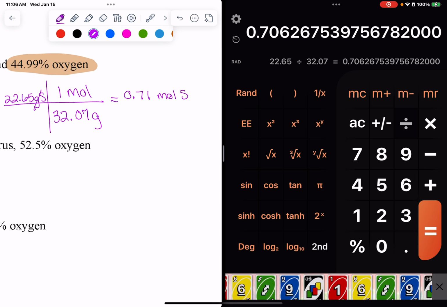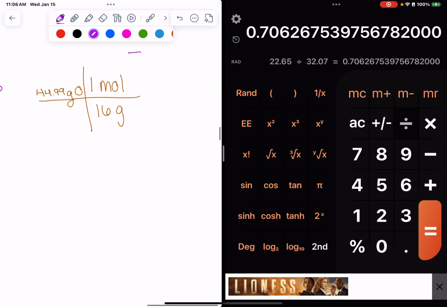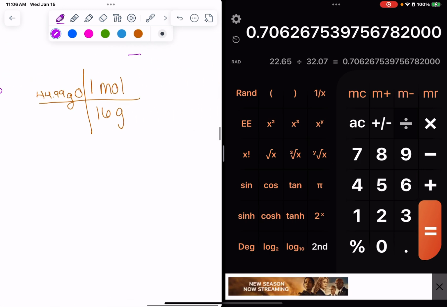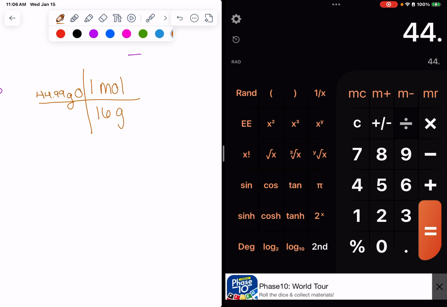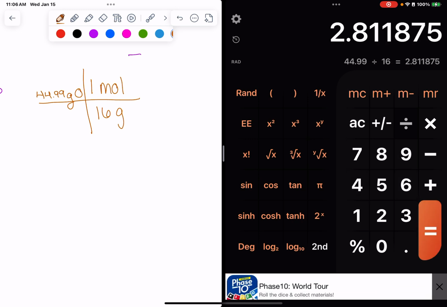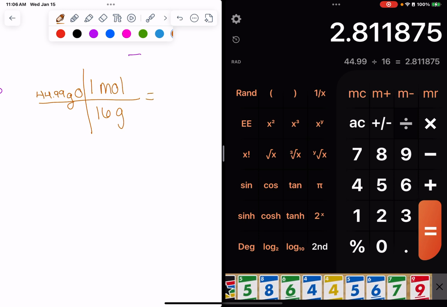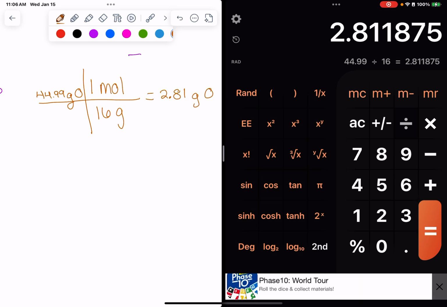So I'm going to cancel out grams because we're left with moles. The last one we have here is oxygen. Oxygen, we have on top 44.99 grams divided by 16 grams is 2.81 moles of oxygen.